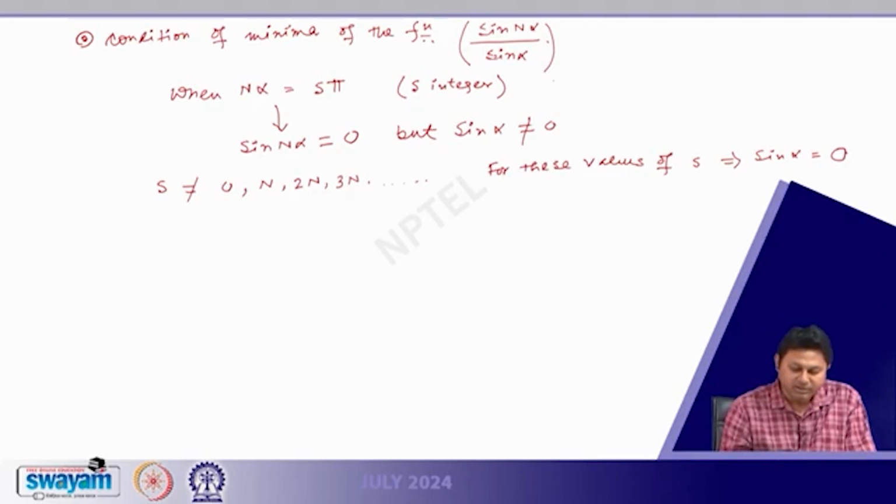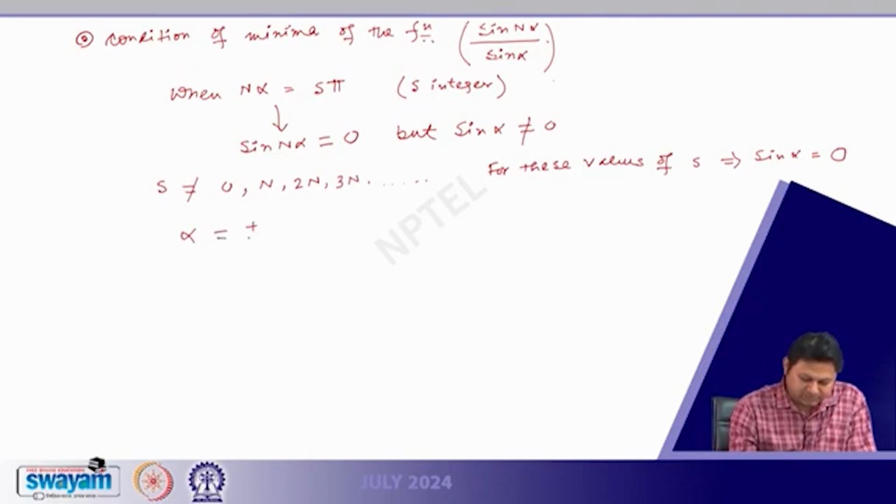So, these are the values that should not be there, and apart from these we get values of s such that sin n alpha is 0. So, alpha is essentially plus minus s divided by n times pi, because the minus sign is also there. That is the condition of minima.